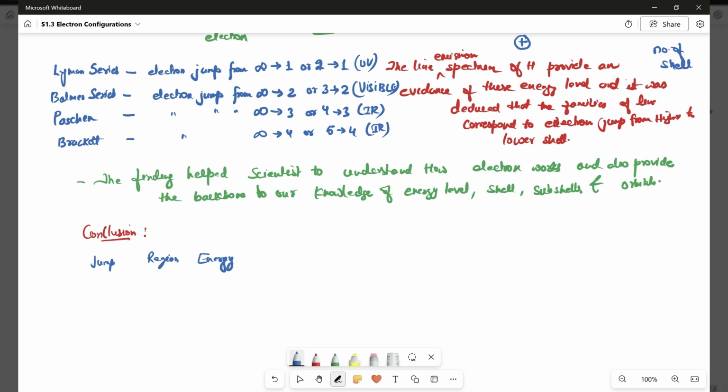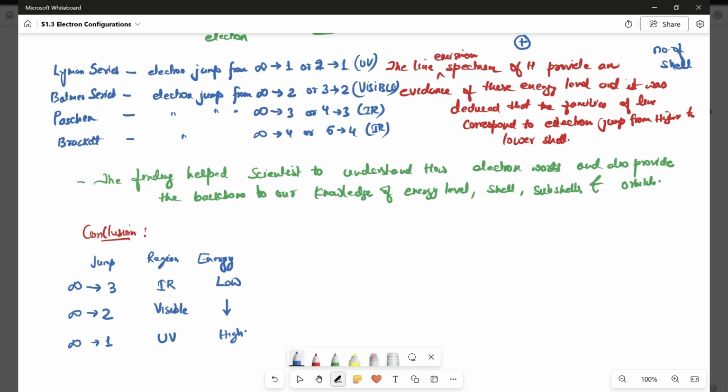A jump from infinity to, let's say, shell number 3: the region will be IR and the energy will be very low. If I'm talking about infinity to 2, this becomes visible, and it has a medium energy. So energy is going up actually. Infinity to 1, this is UV, this is very high, right?